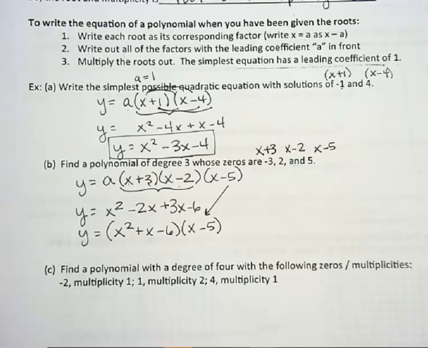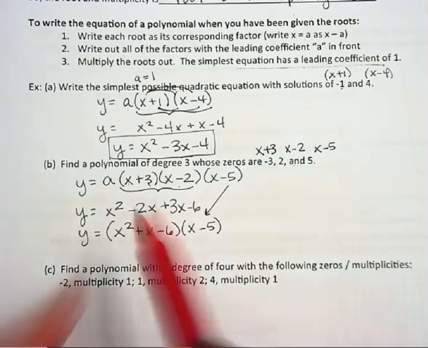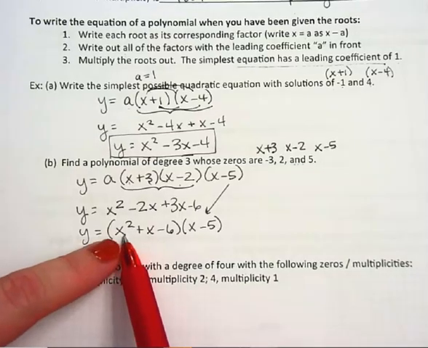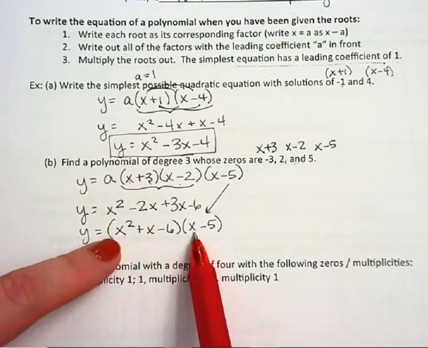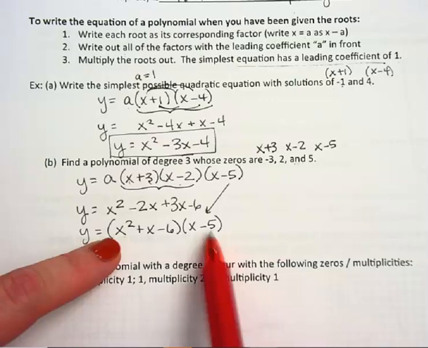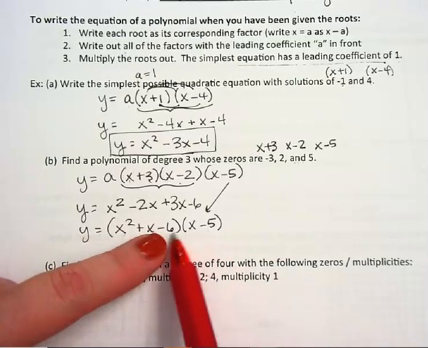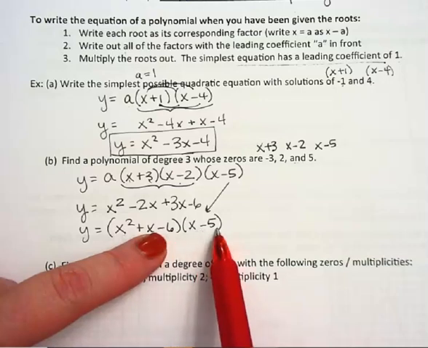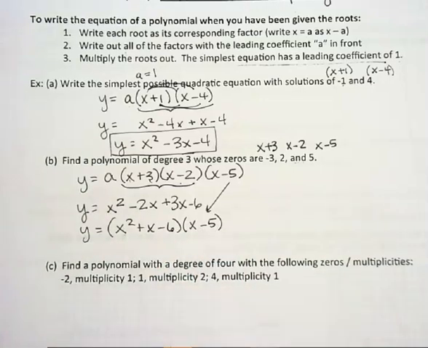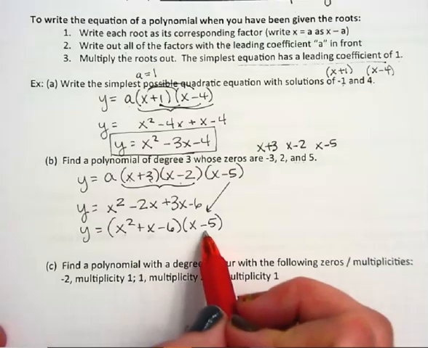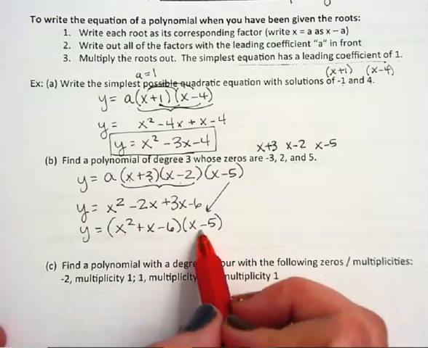And there are different ways you can do this. You can do box method if you like. You can do repeated distributive property. So for example, you can take this x squared, distribute it to the x, distribute it to the negative 5. You can take this x, distribute it to the x and negative 5, and then you can take the negative 6 and distribute it. I like to do distributive property backwards with the smaller polynomial group.